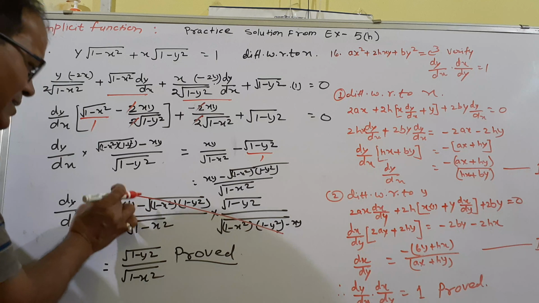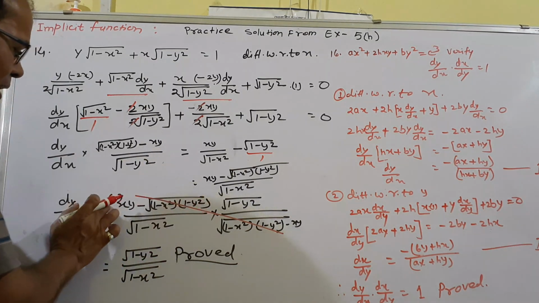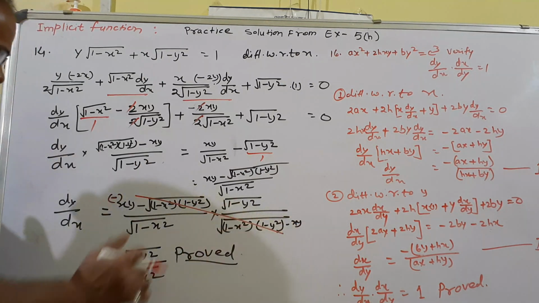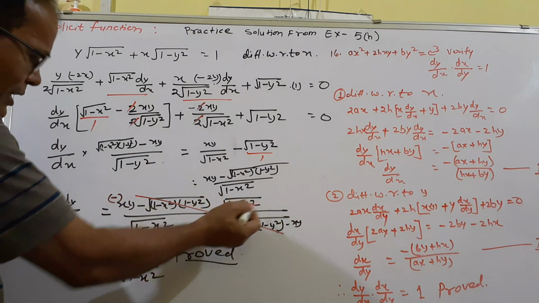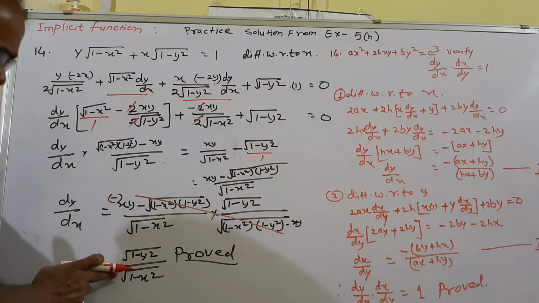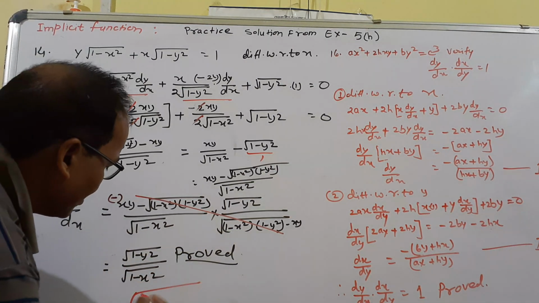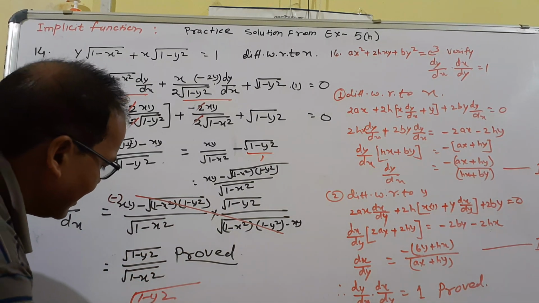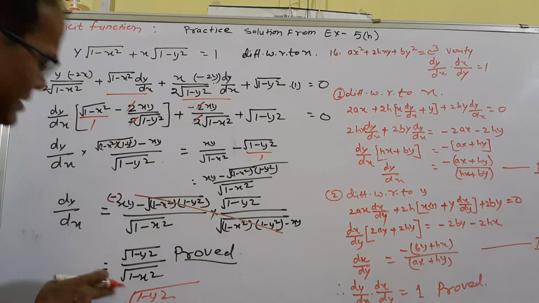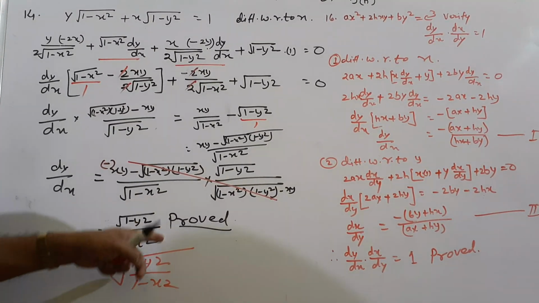So minus term, if you take common, then this will be first, this will be second. That's why I have written minus 1, and then it will be same and we can cancel it. Here root 1 minus y square and root 1 minus x square will be left. So square root as a whole you can write here, square root of 1 minus y square divided by 1 minus x square in single root. Single radical also you can use, or you can keep like that, that also is correct.